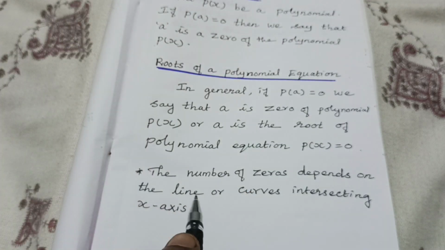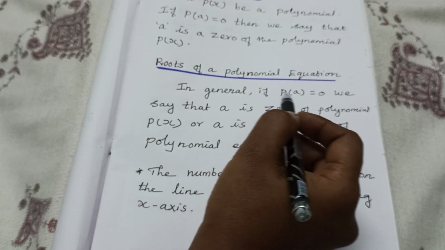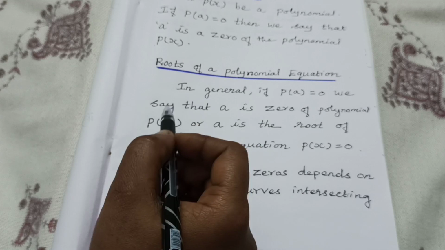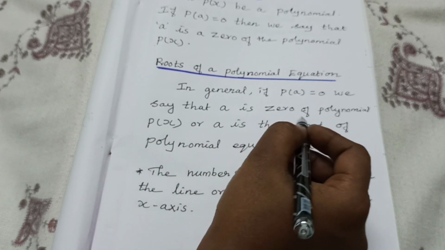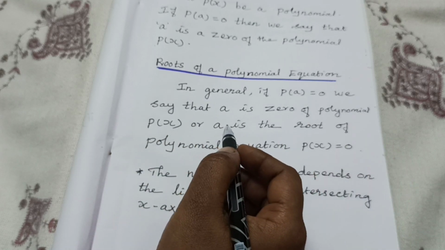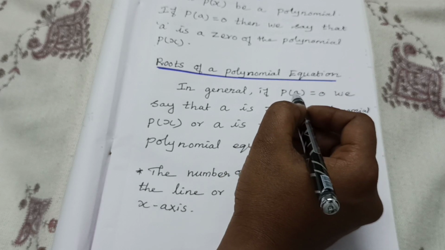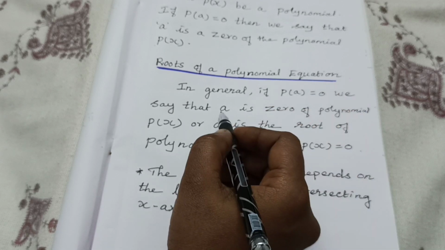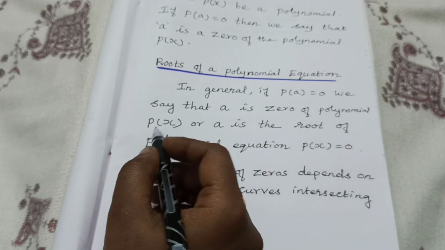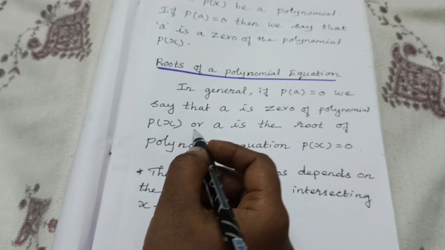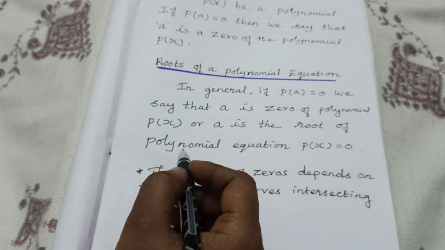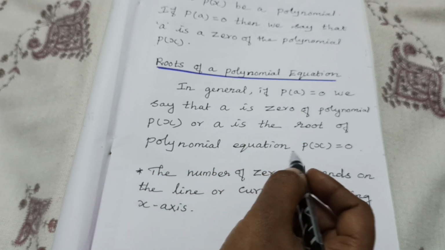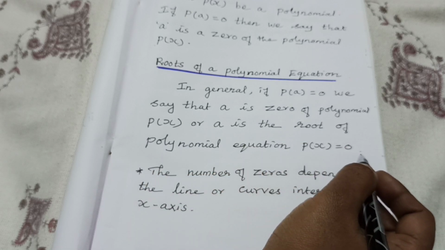Then x square minus 1 equal to 0 is an equation. If p of a is equal to 0, we say that a is the 0 of the polynomial. If you substitute a and get 0, then a is the 0 of the polynomial p of x, or a is the root of the polynomial equation p of x equal to 0.